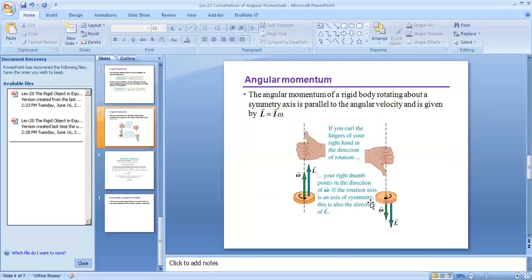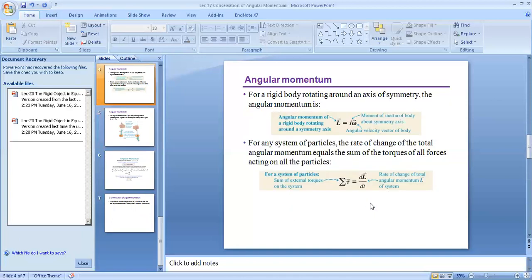And this statement will refer to the law of conservation of angular momentum.